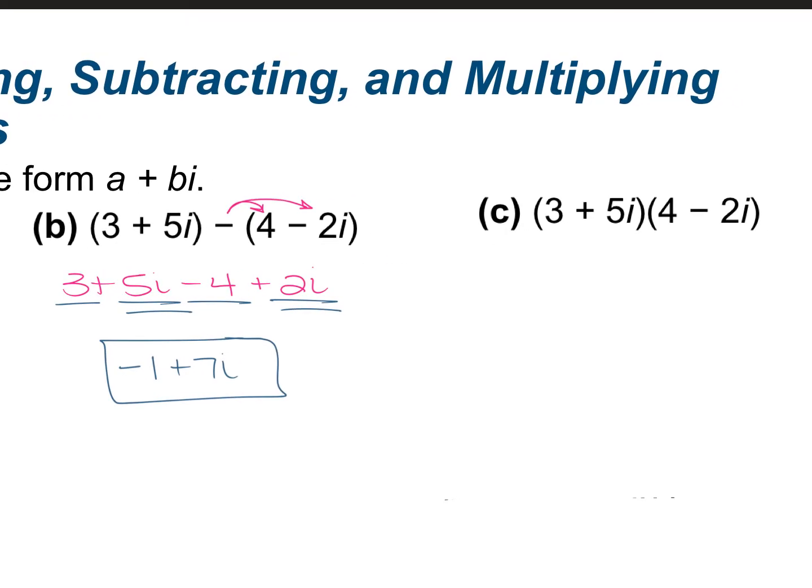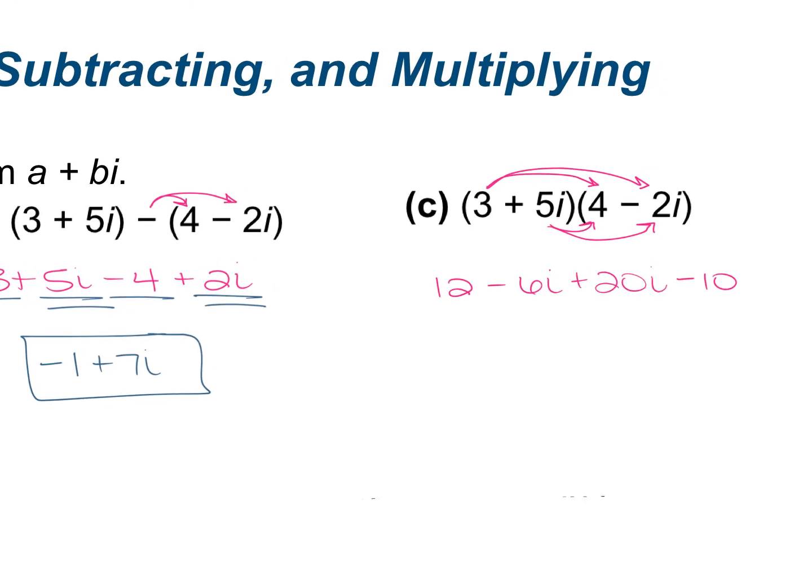For example C, we have (3 + 5i) times (4 - 2i). With this one, we're just going to FOIL it out like we would with binomials multiplied together. So we're going to do 3 times 4, which gives us 12. Then 3 times -2i is -6i. 5i times 4 is positive 20i. And then 5i times -2i is -10i squared.